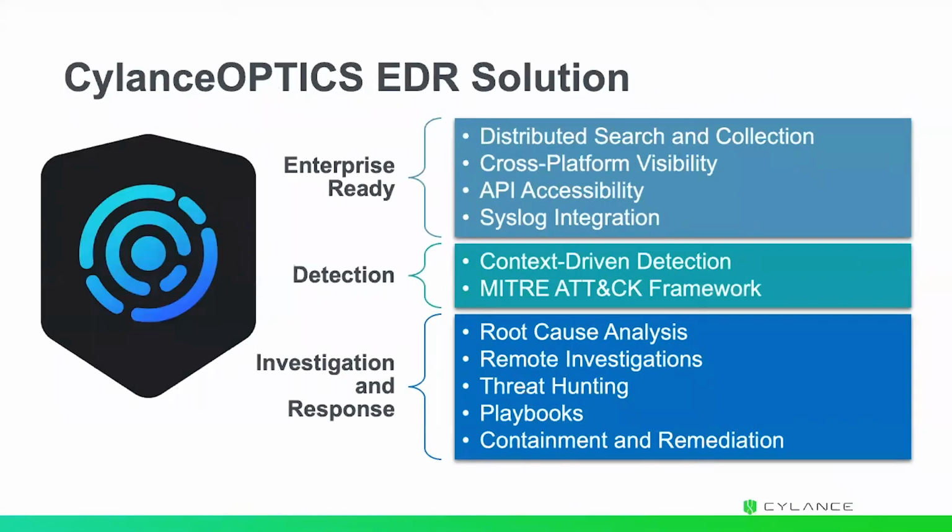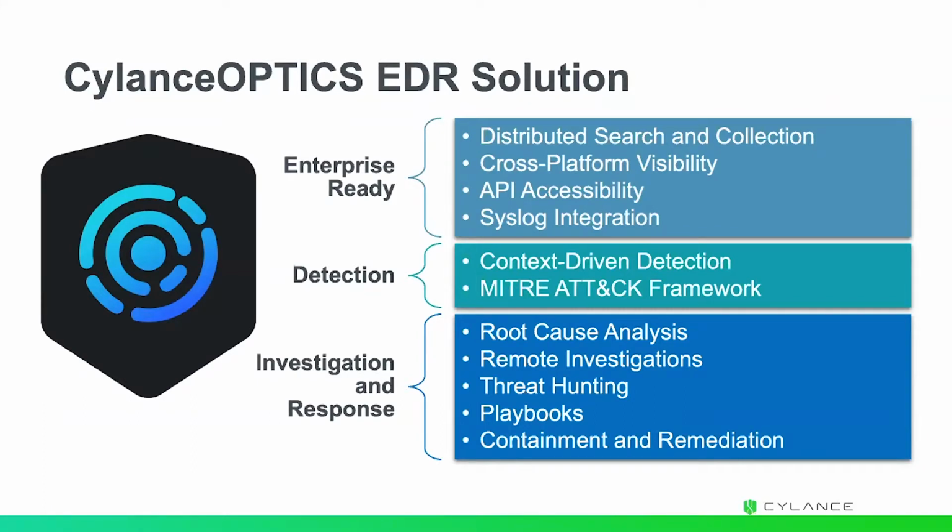So again, just high level, some of the capabilities that we have within the product. Distributed search and collection, whether it's for indicators of compromise or suspicious things that you may want to look for in your environment. CylanceOPTICS does provide you the ability to find any indicators, whether it's a process name, a file hash, or a file name, across your endpoints, and can do that very rapidly.